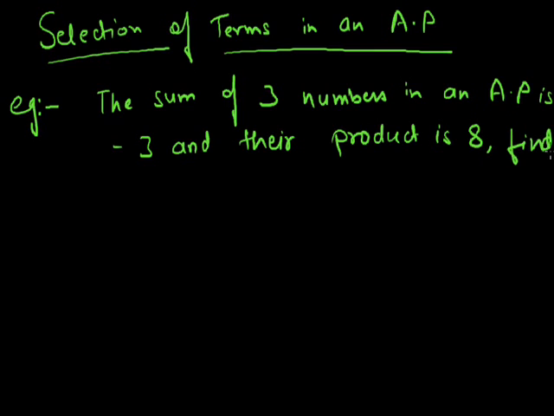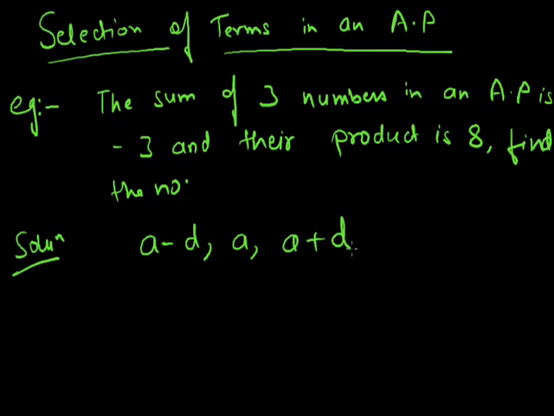So we have to find all three numbers of an AP. So how to do it? It is better to take such three terms which will make our calculation easier. So let's say we'll take the three terms of an AP as A minus D, A and A plus D.